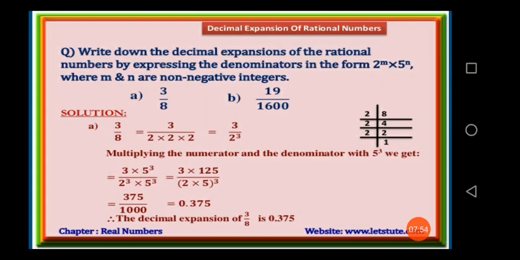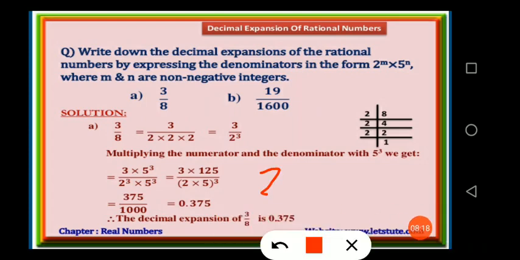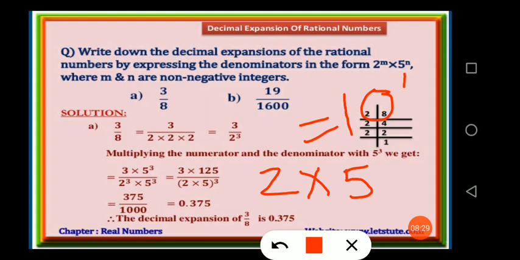What we have to do? The first step, convert the denominator into prime factorization. Second step, we have to make our denominator 10 to the power something. So we know that 2 into 5 is equal to 10. To make 10 one time, 10 to the power 1, we need one 2 and one 5.